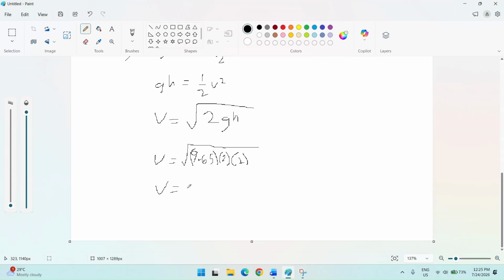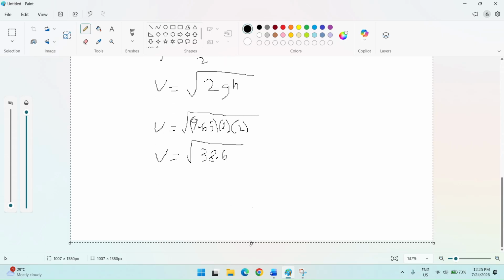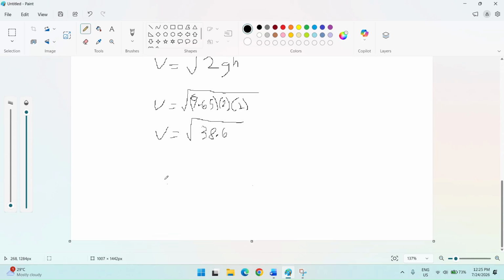So let's multiply all inside the square root. 9.65 times 2 times 2 is 38.6. So to get the velocity, we should square root the 38.6.